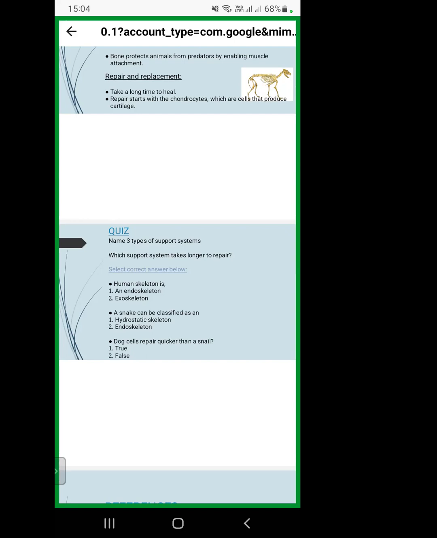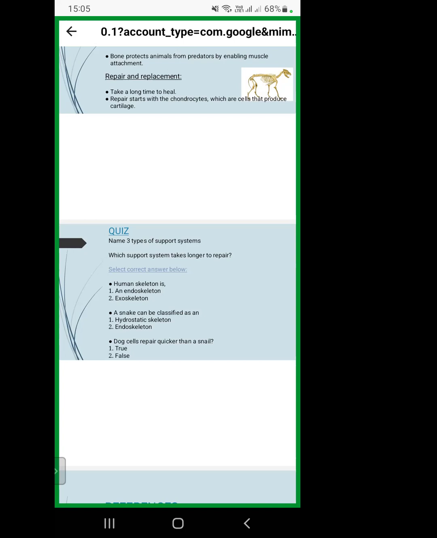Now, I did get a situation whereby someone said the hydrostatic. Snakes, unfortunately, have bones inside. So they have bones beneath the flesh, which makes them endos rather than hydros, because they also have blood and bones inside, right? And their organs are also protected by these rigid structures, the bones. So they are classified as endoskeleton.